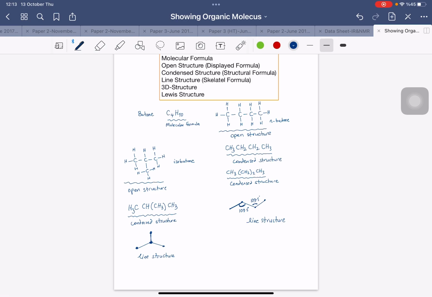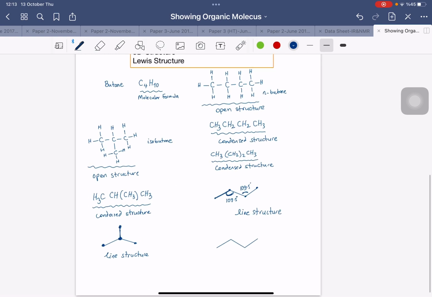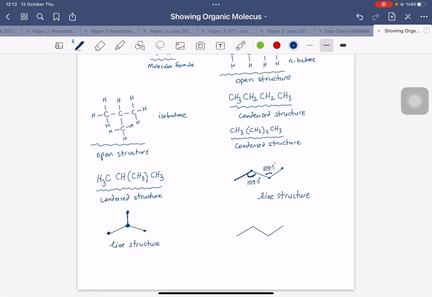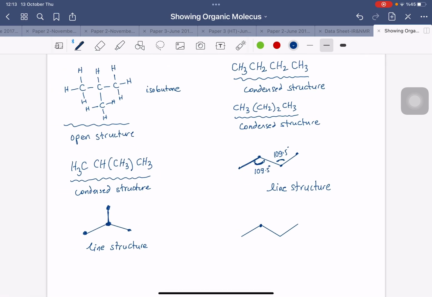Let's take N-butane. Okay, 4 carbon atoms connected in a straight line. How are hydrogens connected to this carbon atom in a 3-dimensional way?